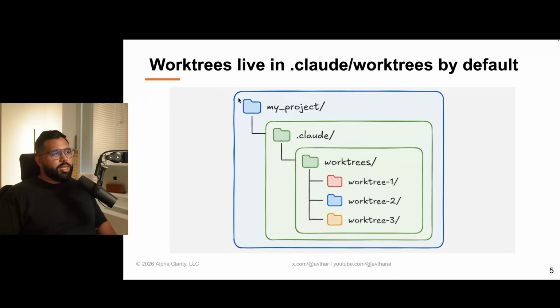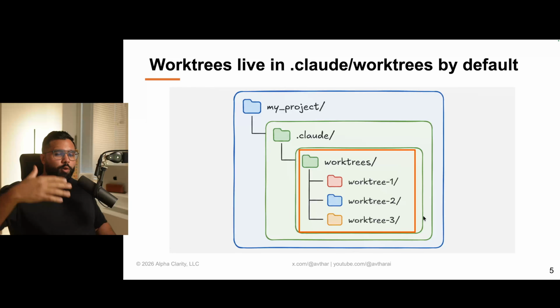So you can see here, if you have a folder called My Project, for each Claude Code project you're going to have a folder called .claude, which is going to store various Claude Code related files and settings. And then inside the .claude folder, you're going to have your worktrees folder that's going to be the home for all the different worktrees that you're going to create. So in this case, we have 3 worktrees, one for each of the features, worktree 1, 2, and 3. And it's in those directories.